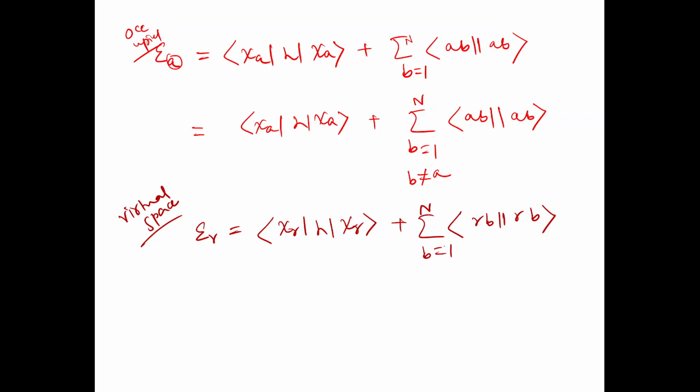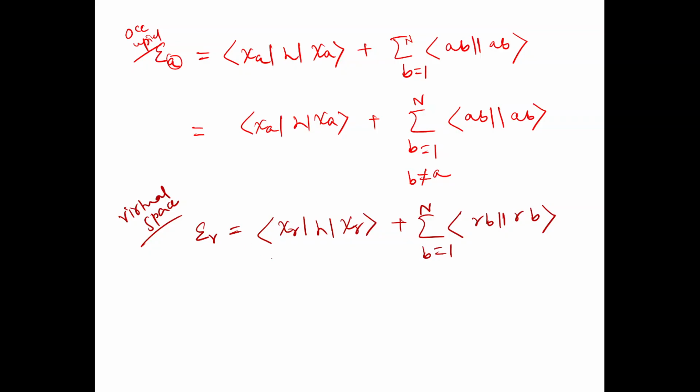Now tell me whether you can simplify the things just like above. If you notice, this R belongs to your virtual space, but the summation, B goes from 1 to N, is in the occupied space only. So you have n number of orbitals, so your sum goes from 1 to n. So the R orbital will never come. So here all the terms will survive, right? So there will be no term where B is equal to R.